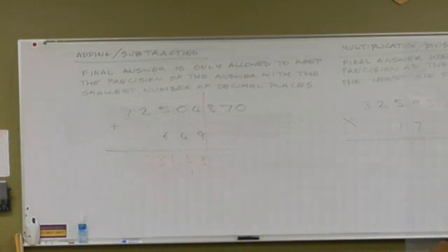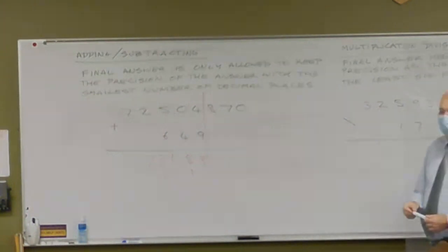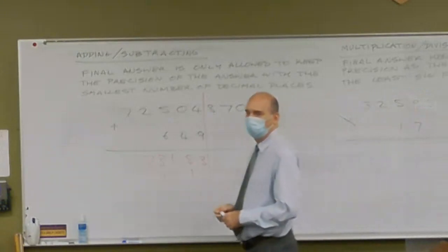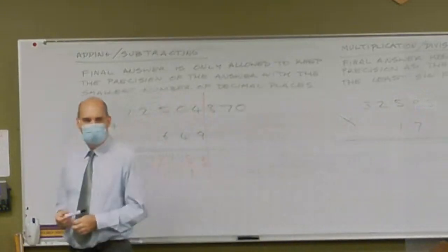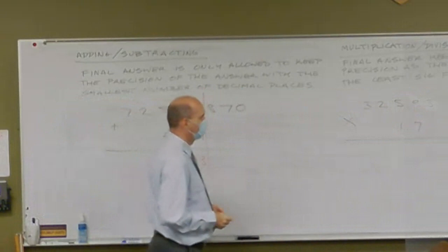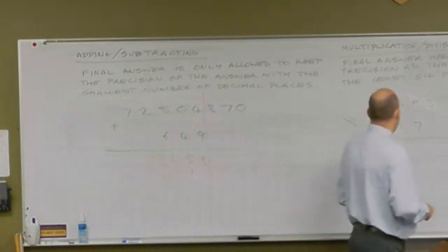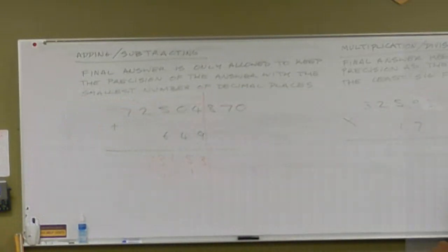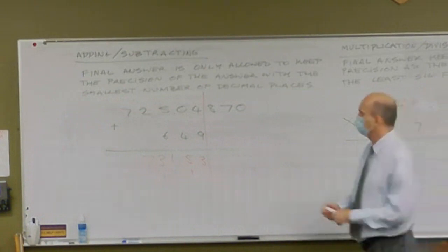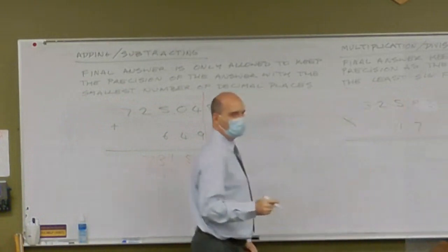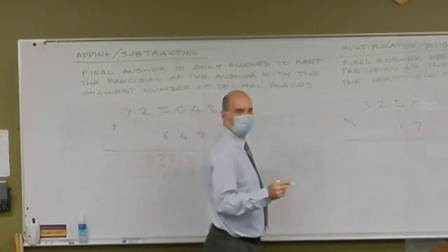Did anybody learn a 17 times table? No. It's 325.98. How many significant figures are in 325.98?